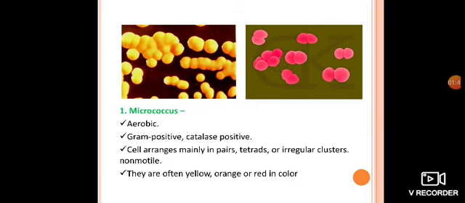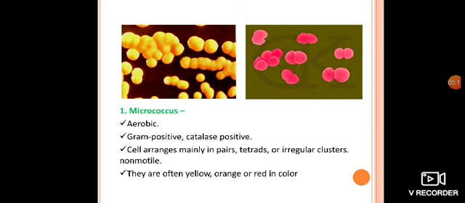Triads and irregular clusters on the left hand side in yellow color show different shapes. They are non-motile. If we require movement, we require a flagellum or filamentous part. Micrococcus don't have this type of part, so they are termed non-motile, and they are often yellow, orange, or red in color.